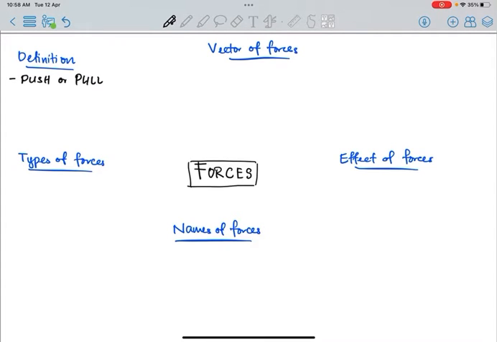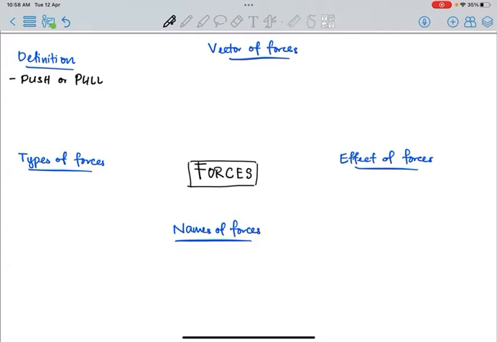The push and pull action shows that we are exerting a force onto the object. When we have an object falling, it's the same thing. There is a force acting onto the object that makes it fall downwards, that is pulling it downwards. If you want to make a ball move upwards, you need to push the ball so that it can move upwards. As simple as that, a force is basically an experience of a push or a pull.